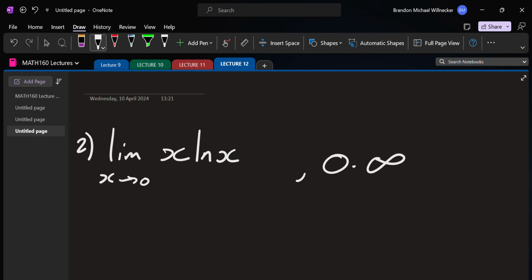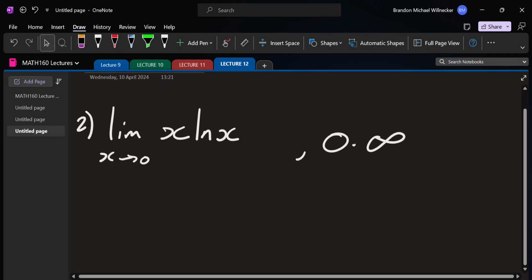That's infinite. So we see we have a type 0 times infinity. So we have an indeterminate form. We can try to use L'Hopital's rule, but we can't use it in this form. We need to change it. So instead of 0 times infinity, we need to make it 0 over 0 or infinity over infinity.